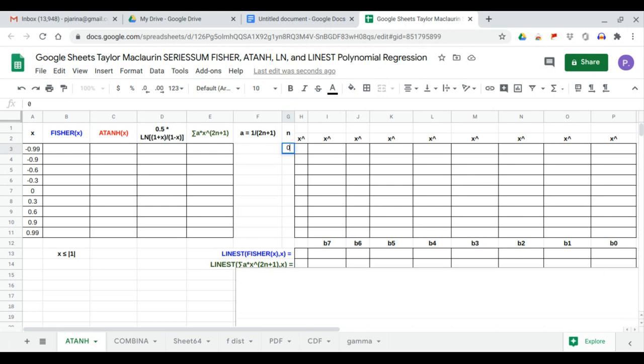But in this case, we don't have space, so we're limited only to the dataset range. So that's 0 to 8. So let's generate the dataset of the Fisher using array formula.